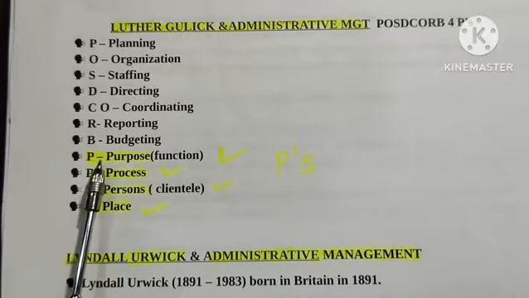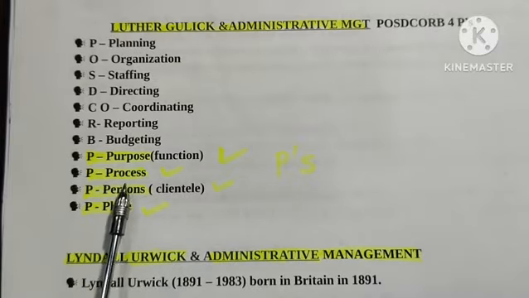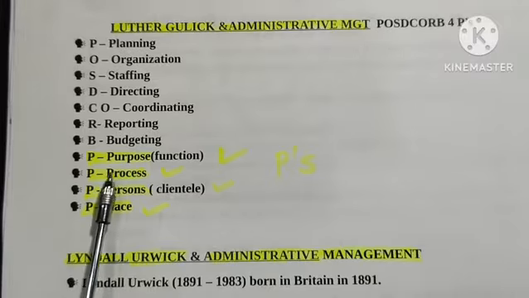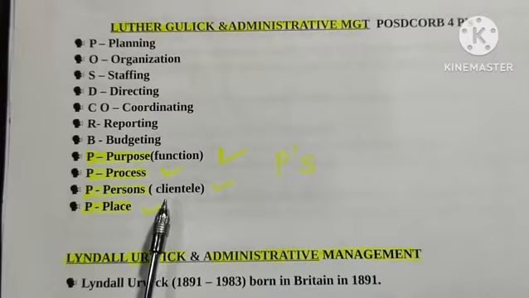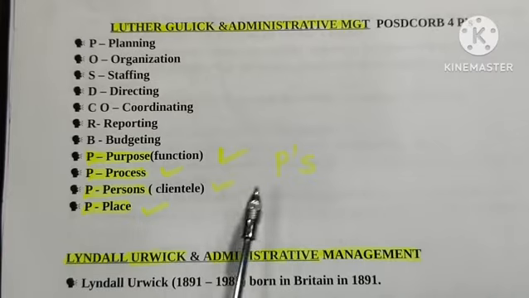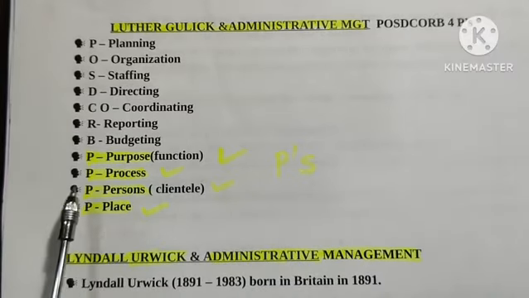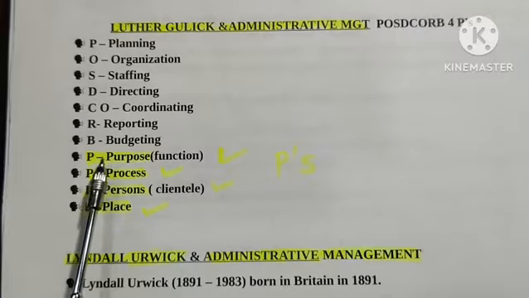Purpose, that is function: what is the main purpose of this? Process: how that function can be done, what process steps are included. Persons, clientele: who will do that work. And place. These P's are also given importance in this theory. Remember these 4 P's: purpose, process, persons and place.